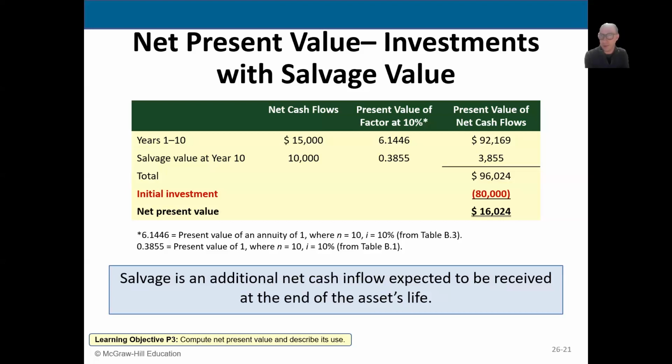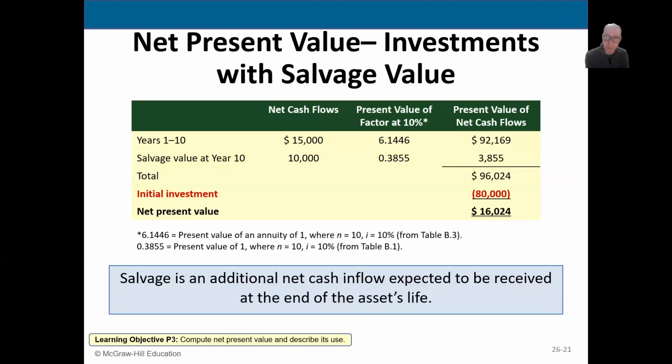Take that amount times the net cash flow to find the present value of net cash flows. We then add in the salvage value. The salvage value, you'll notice, is calculated separately: the salvage value times that percentage.